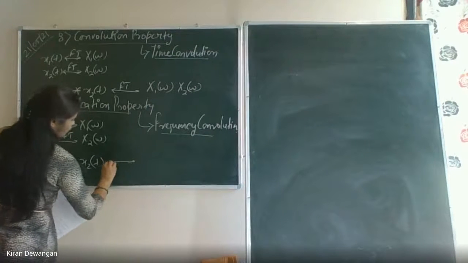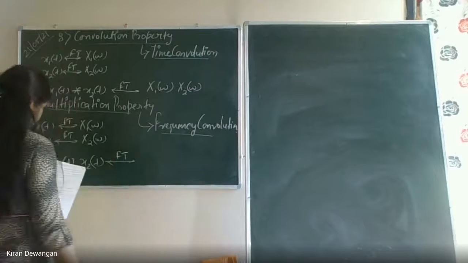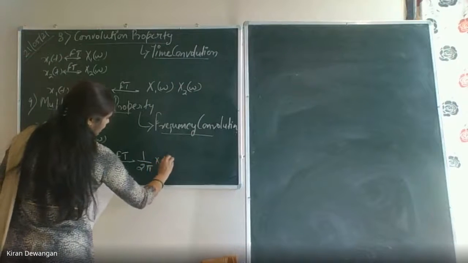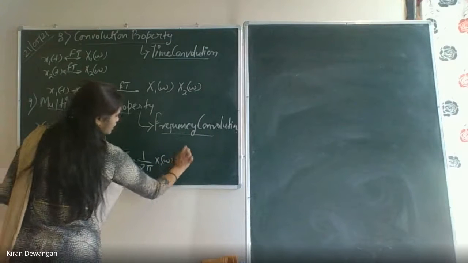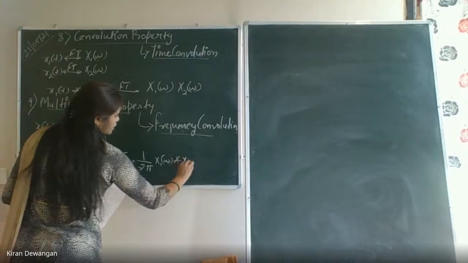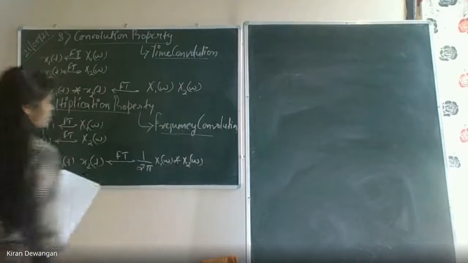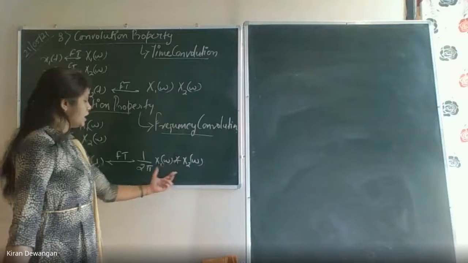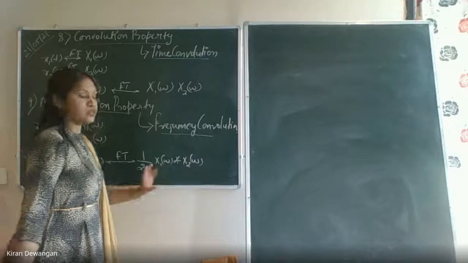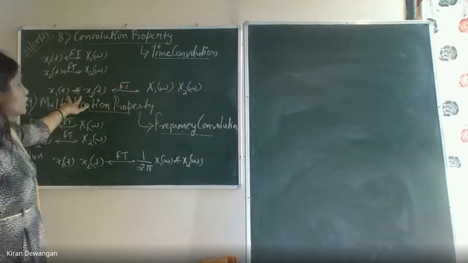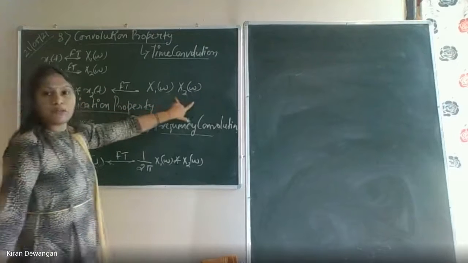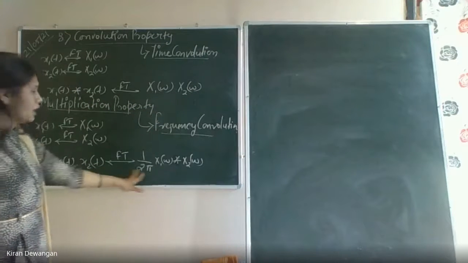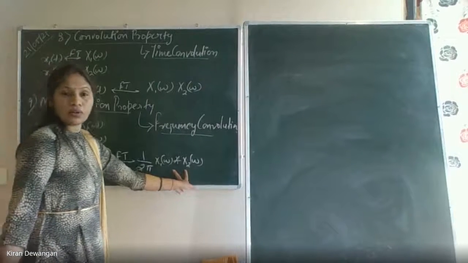It will have Fourier transform 1 by 2 pi, X1(omega) convolution X2(omega). So here this side it will be convolution, okay? The convolution in time domain will have multiplication in frequency domain. Similarly, if I take the multiplication in time domain, I will get convolution in frequency domain.